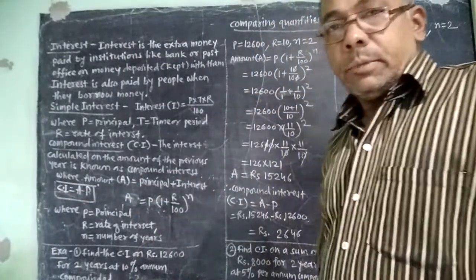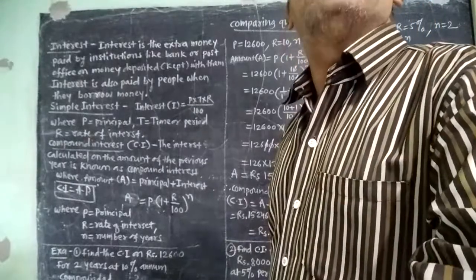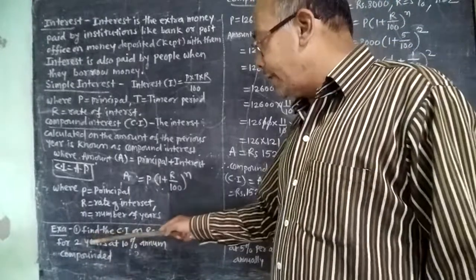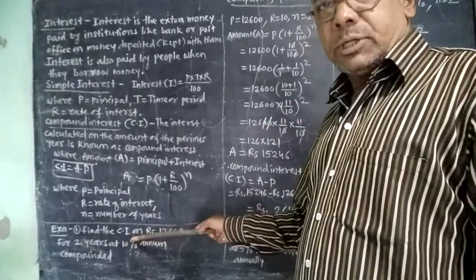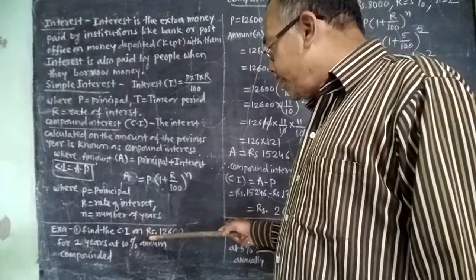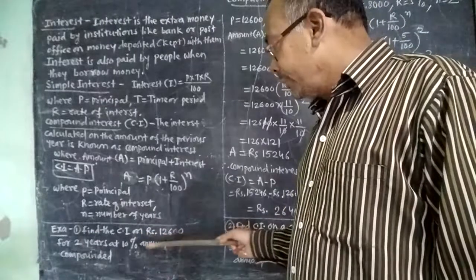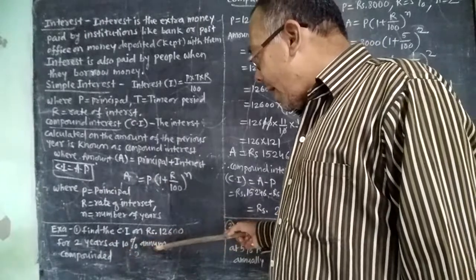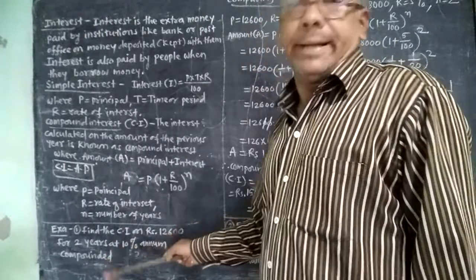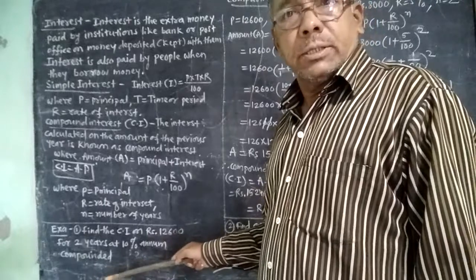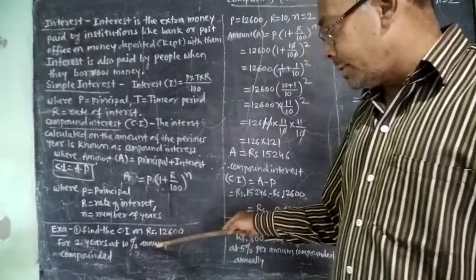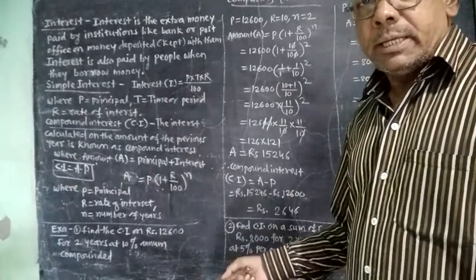Here we have to see one example. In this example, it is given that find the CI, means compound interest, on rupees 12,600 for 2 years at 10% per annum compounded yearly.